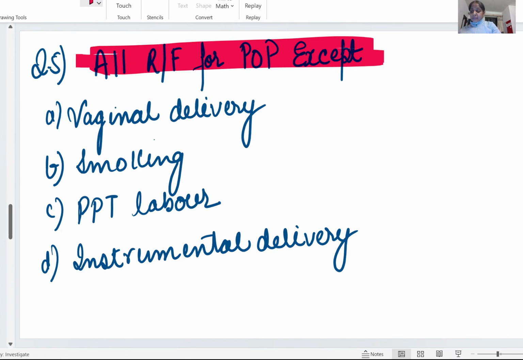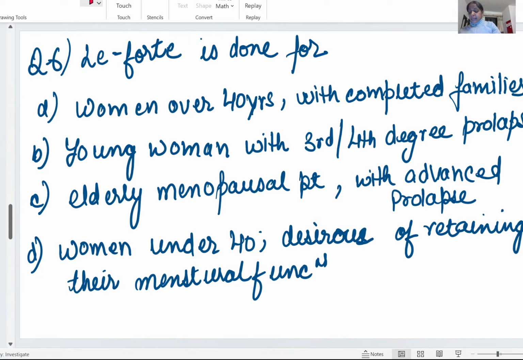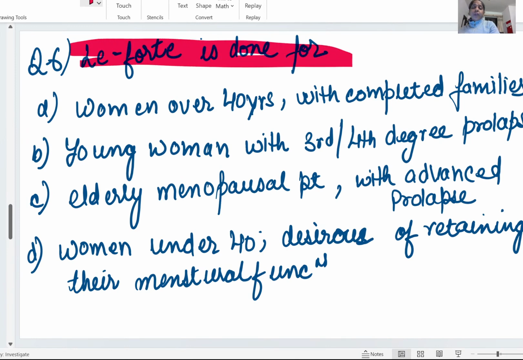Question number 6: Le Fort is done for. Women over 40 with completed families, young women with third and fourth degree prolapse, or elderly menopausal patients with advanced prolapse, or women under 40 desirous of retaining menstrual function.